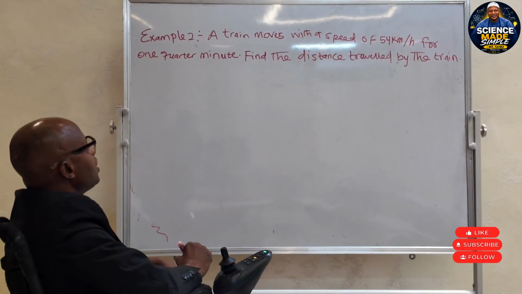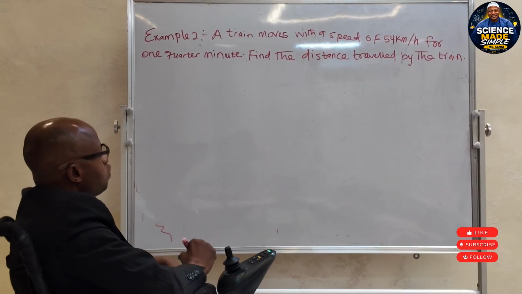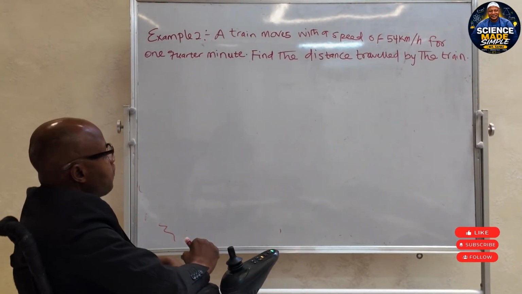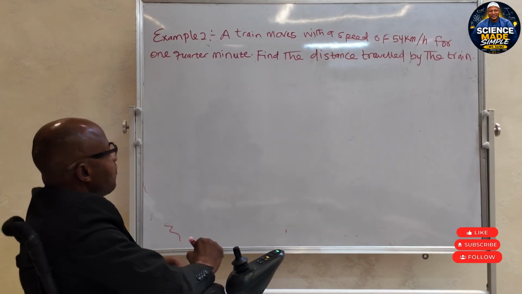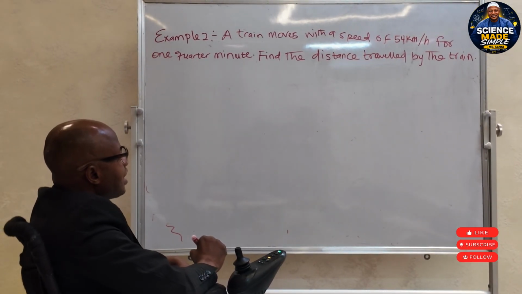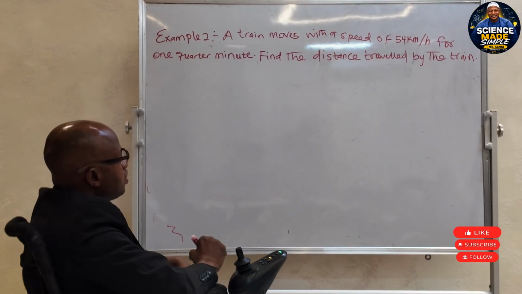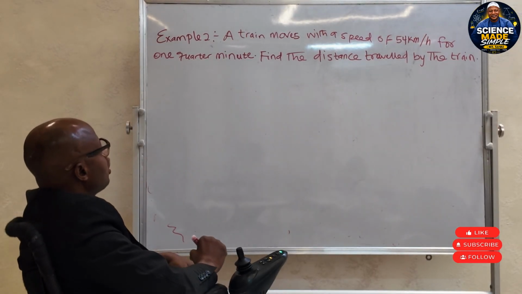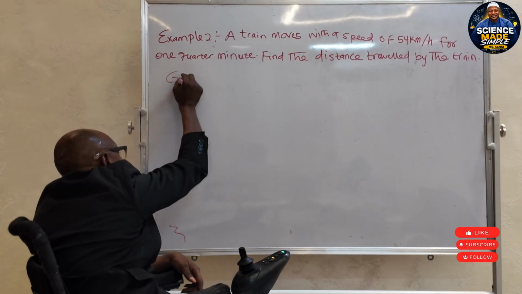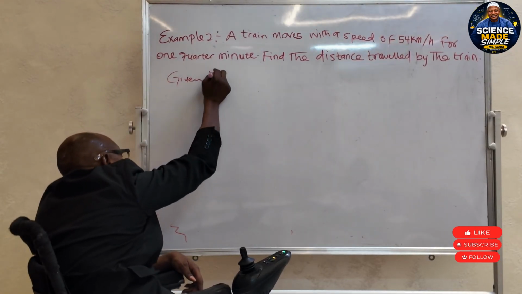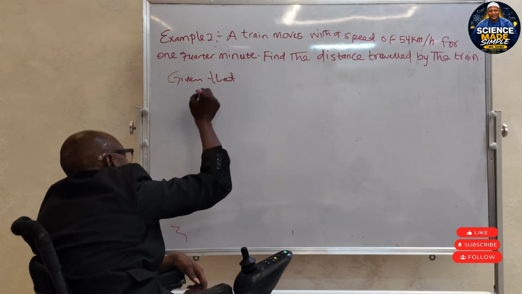Example 2. A train moves with a speed of 54 kilometer per hour for 1/4 minute. Find the distance traveled by the train. From the question, we are given, as I said you should start with, the information from the question.